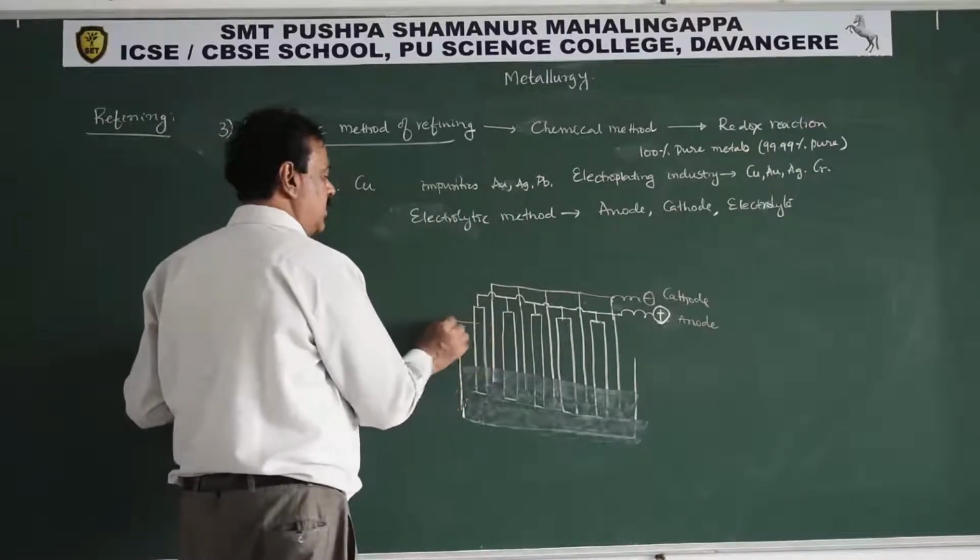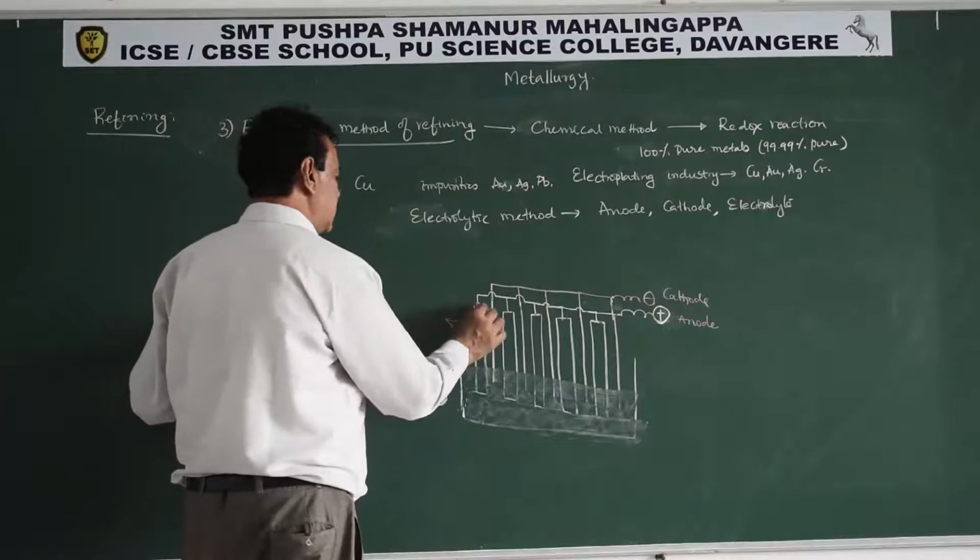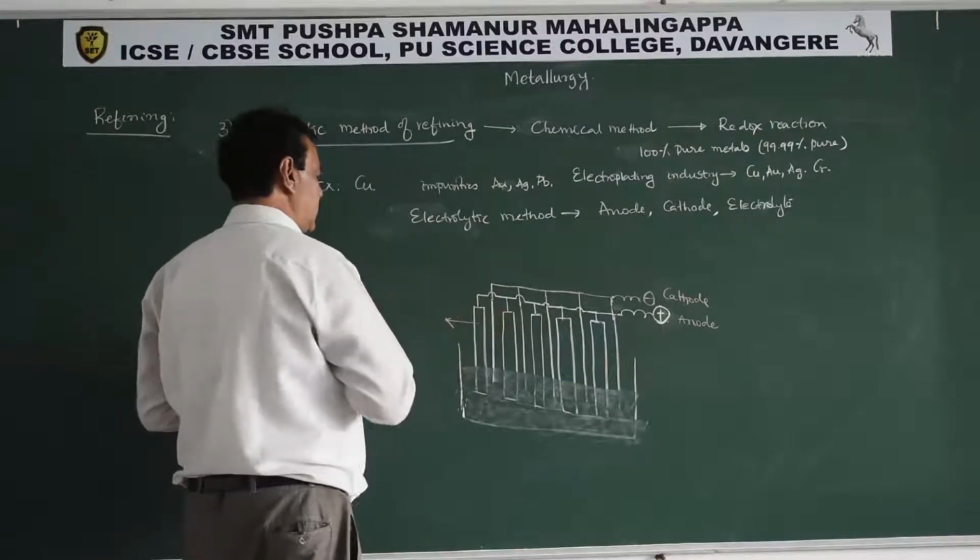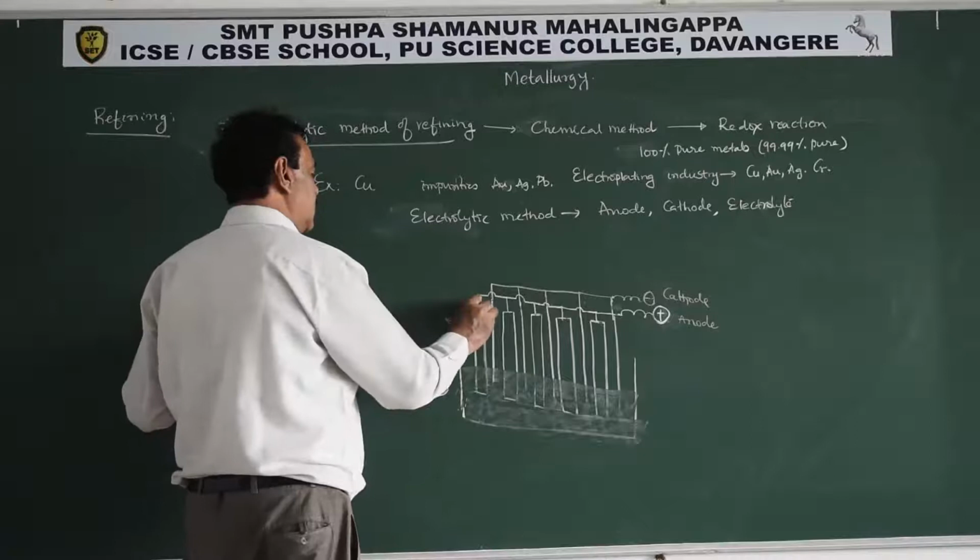Now suppose this thick block is called impure copper.